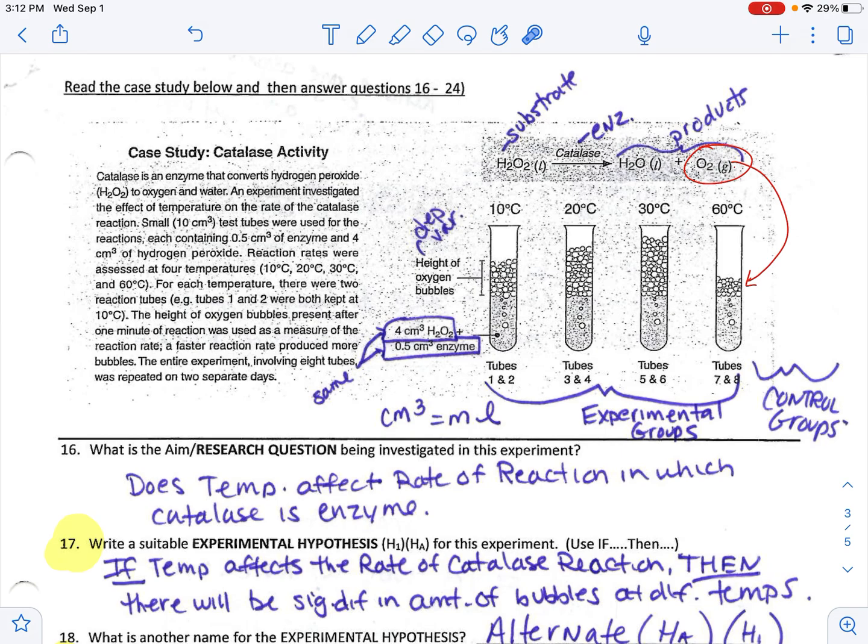And then a negative control would be, maybe I show you on the next page, to have another tube where you leave the enzyme out and replace it with water, so the volumes are all still the same. But if the enzyme isn't there, you shouldn't get bubbles. But you need to have that tube to show that.